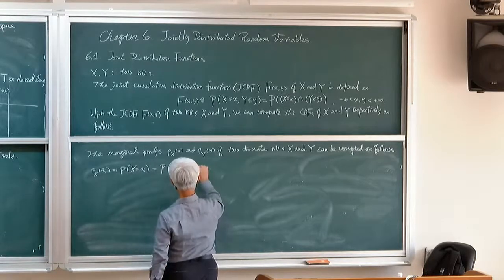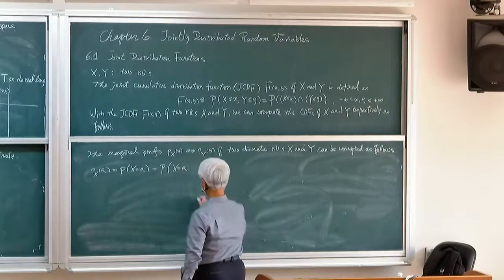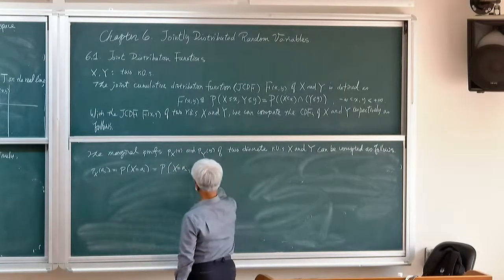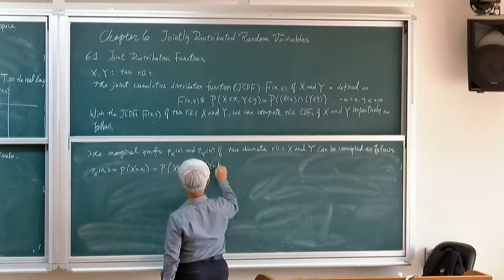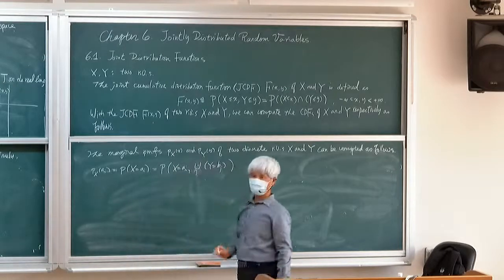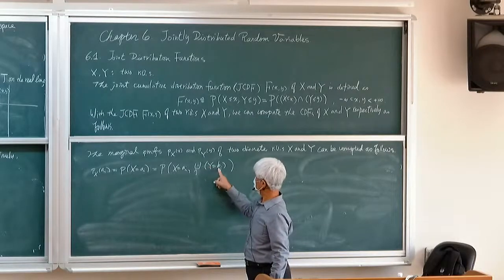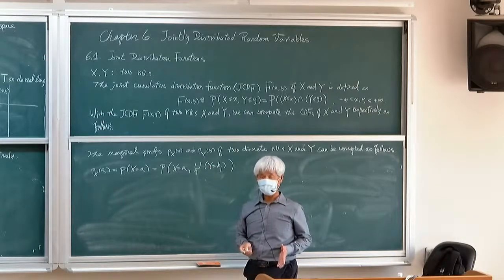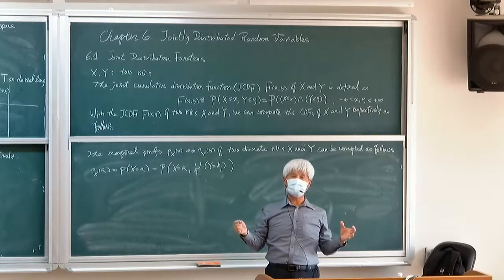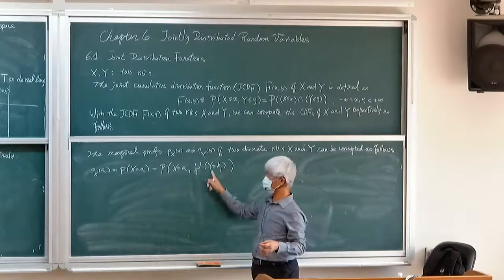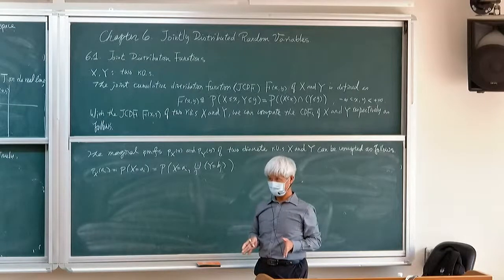Intersect, and you can use comma for intersect, the union over j of Y equal to b_j. So this is the total event. Why? Because for a discrete random variable Y, these are atomic events, and the collection of all atomic events defined by random variable Y is a partition of the sample space S, right?